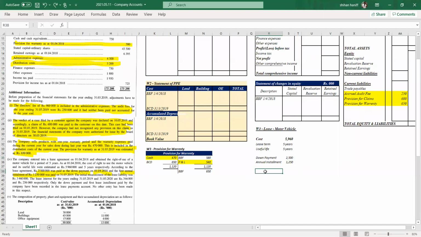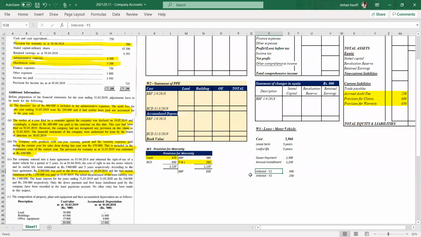Lease interest for year 1 is 346, and for year 2 is 256.